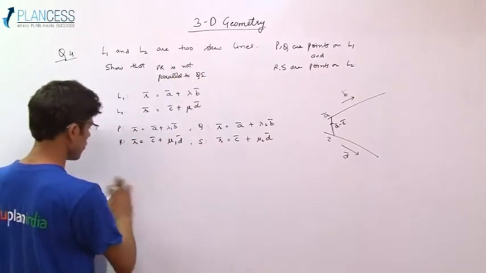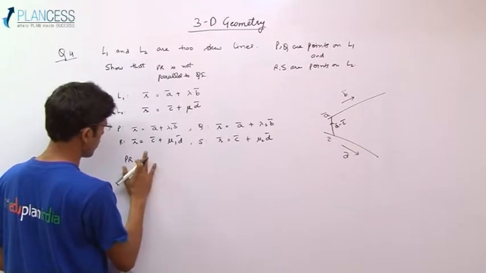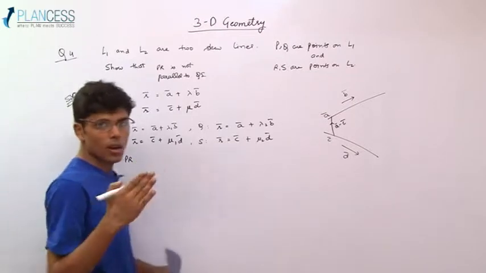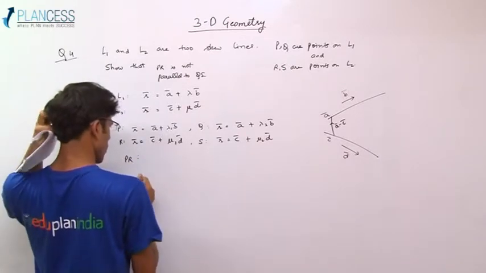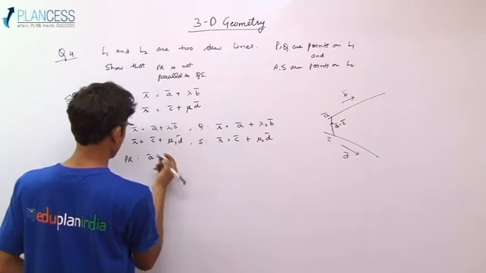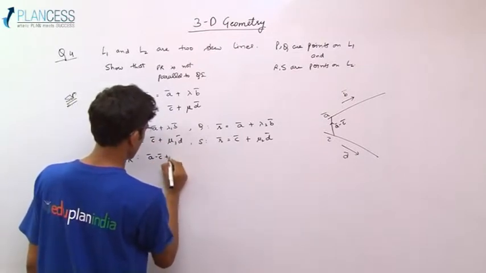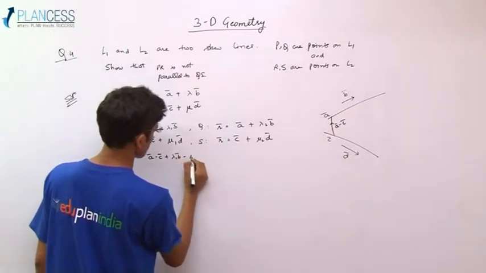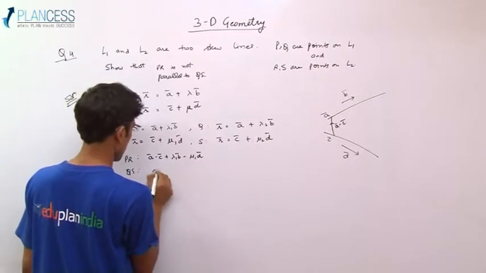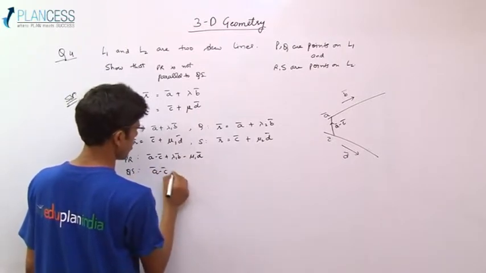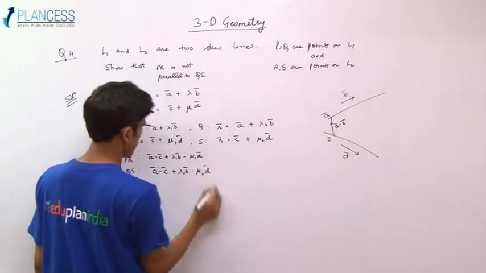Fine. So if PR is parallel, let's find the direction along PR. So this is A minus C plus lambda 1 b minus mu 1 d, and let's find along QS, that is A minus C plus lambda 2 b minus mu 2 d.